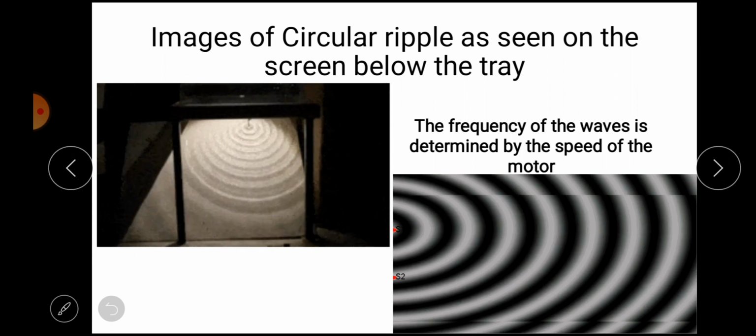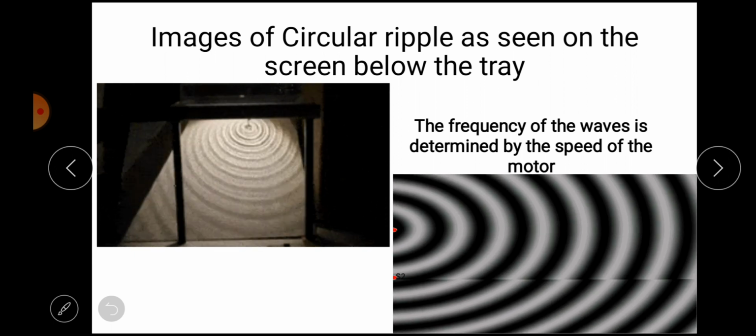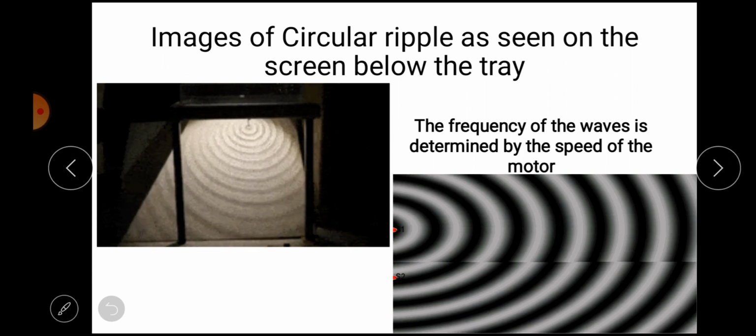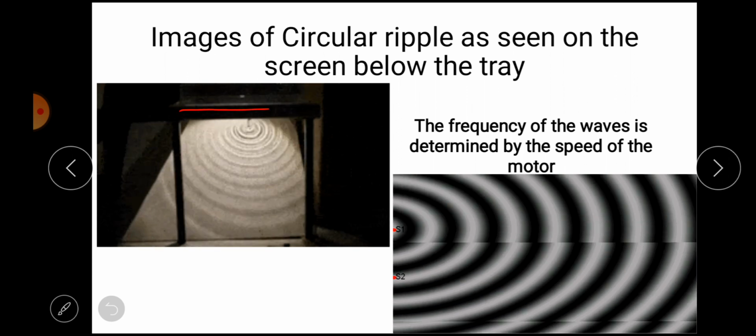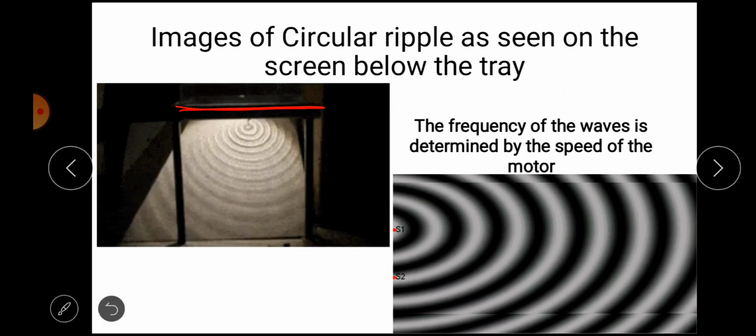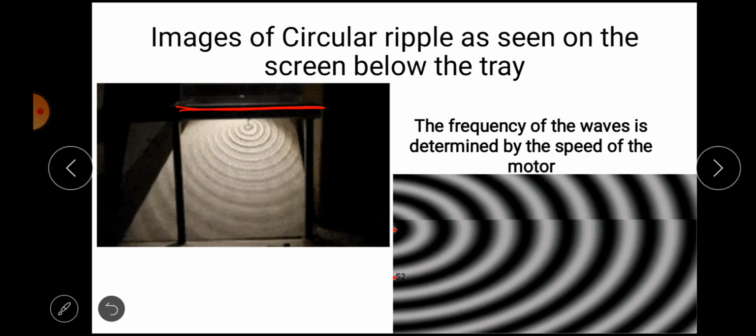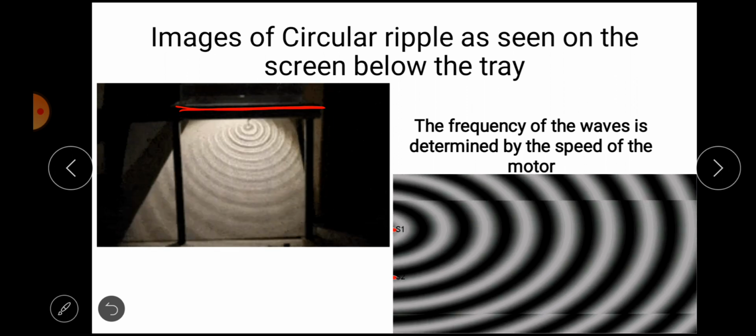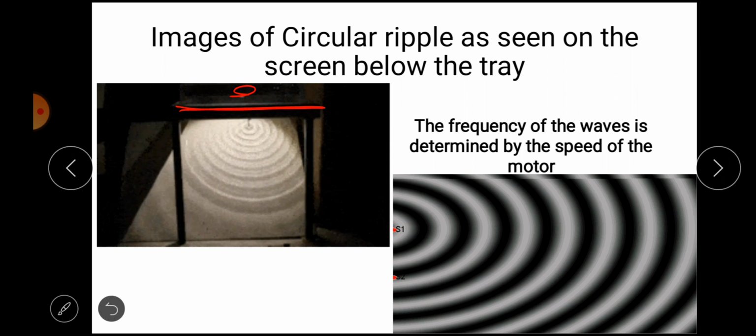Here, I don't know if you will be seeing clearly. Here we have the tray, and then we are forming circular waves. So we have a small ball. Maybe you can see that small thing here.